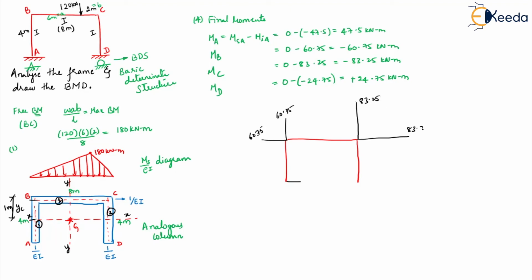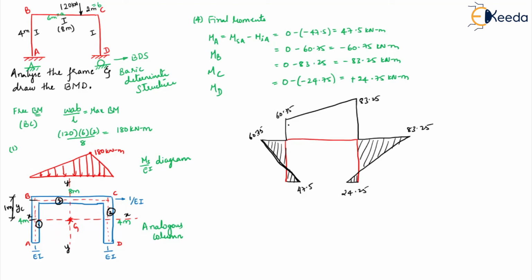This is 83.25. Here is how much? 24.75. This was 47.5. Now we just have to join this using a straight line. So this is a linear line. Okay.